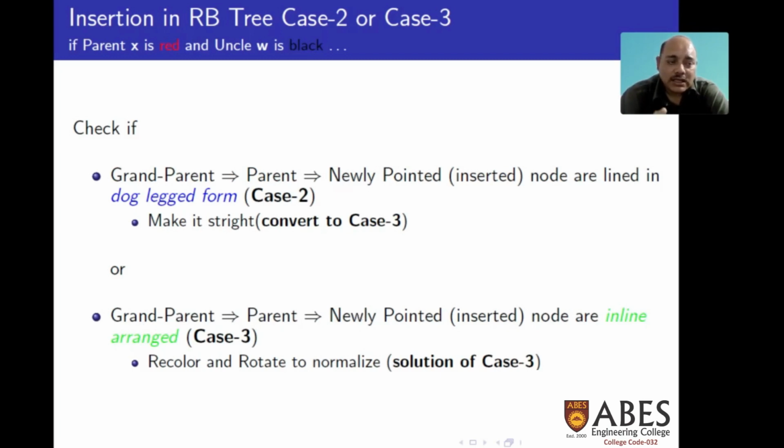If the parent is on the right hand side of the grandparent, then the newly pointed node should be on the right hand side of its parent. If the parent is on the left hand side of its grandparent, then the newly pointed node should be on the left hand side of the parent. This is inline alignment, and this is case 3. So if case 2 is there, we convert it into case 3, and case 3 will provide the resolution.